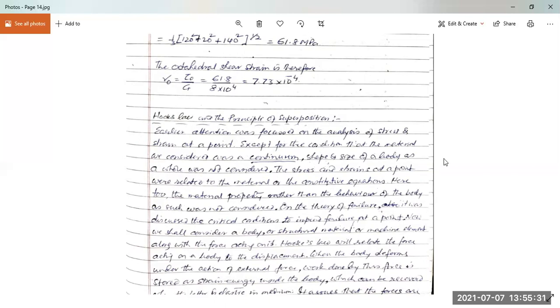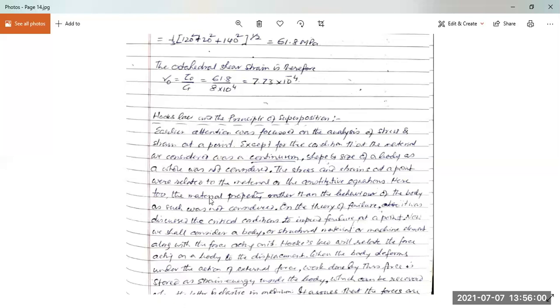The shape of the body as a whole was not considered. Stress and strains at a point were related through the material or the constitutive equations. The six equations between the six stress and strain components, along with these coefficients, are called constitutive equations.